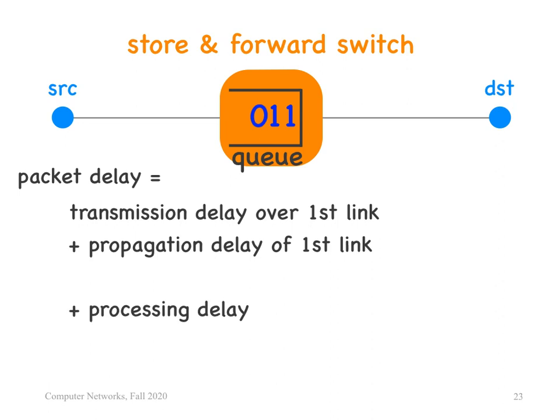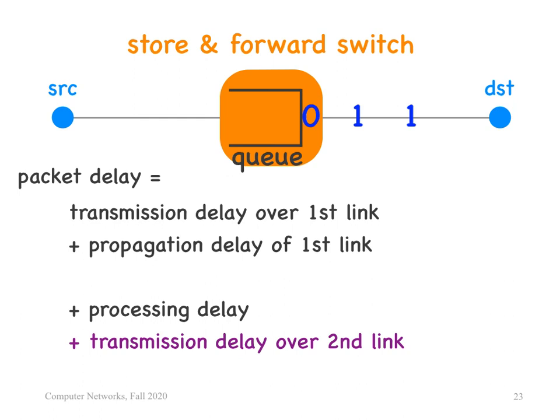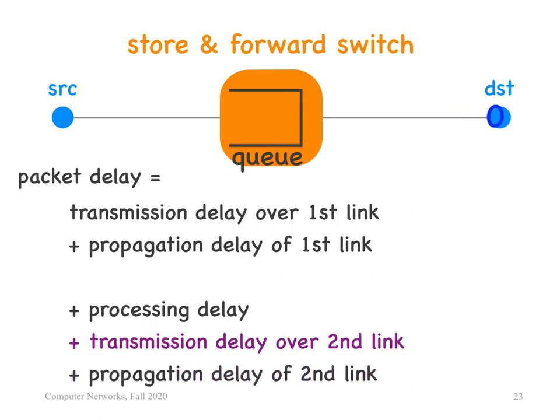Then the switch processes the packet. And finally, it pushes all the bits of the packet onto the second link. So we have the transmission delay over the second link, and then we have to wait for the last bit of the packet to get to the destination. So we have the propagation delay of the second link.